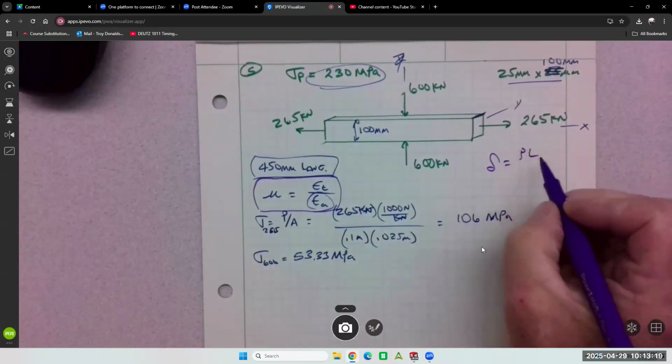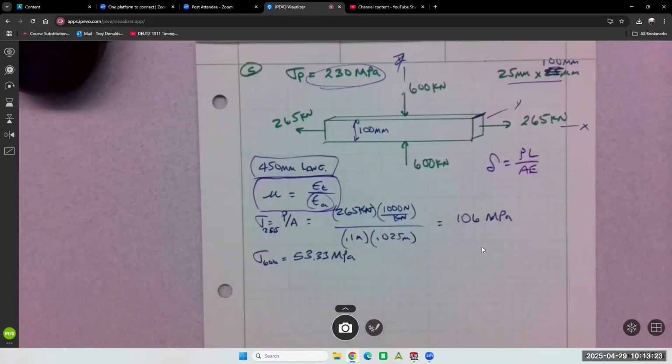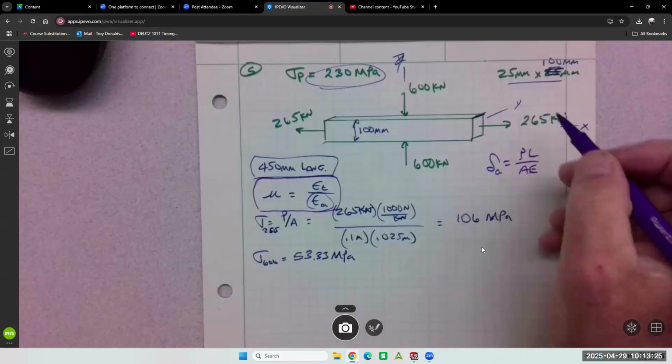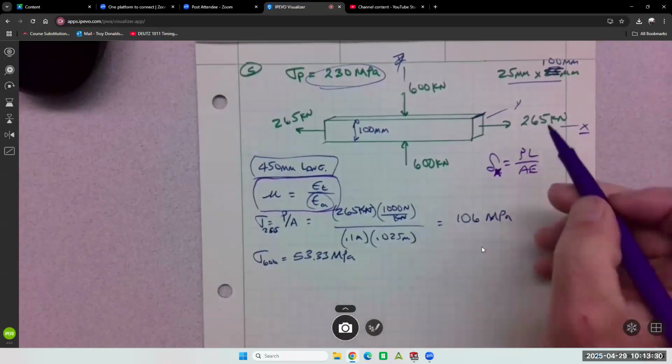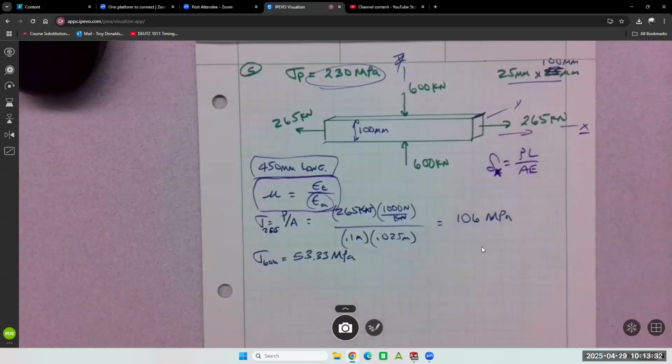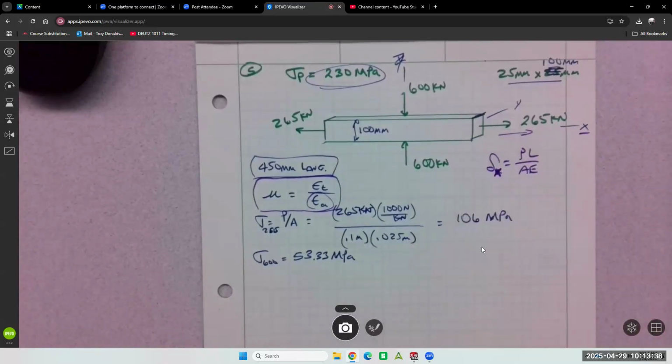I'll put A for axial, or I could put X, because this is the change. The 265 is going to stretch this piece of steel. That's the first thing we want to calculate. From that, we can go after transverse effects.